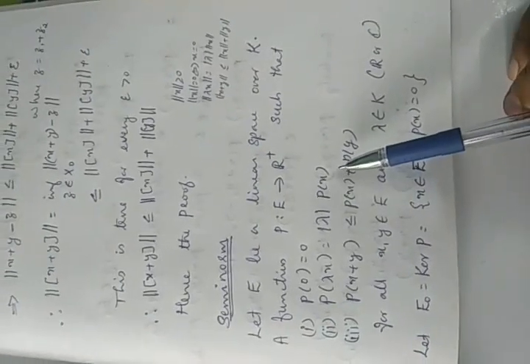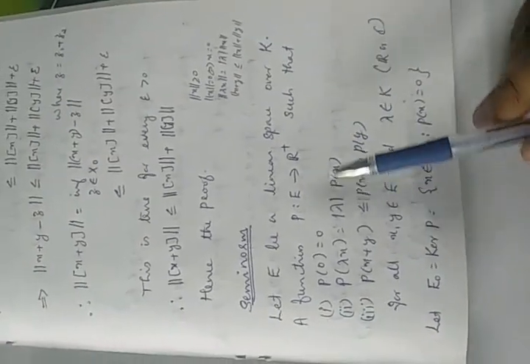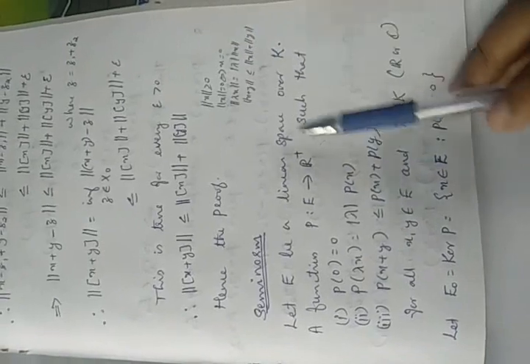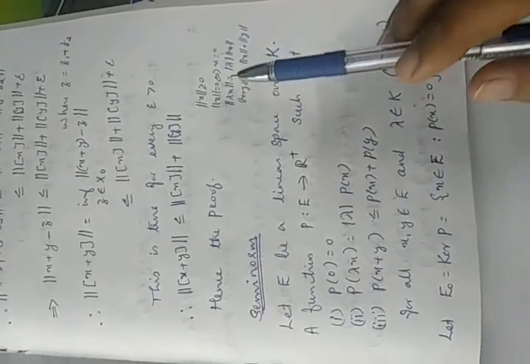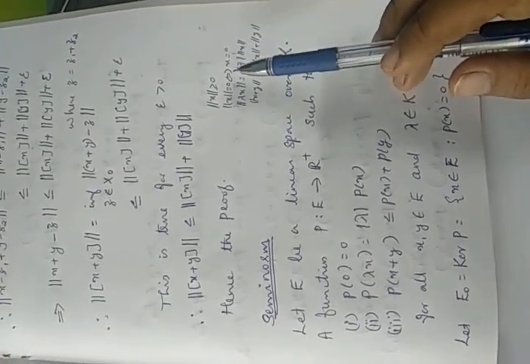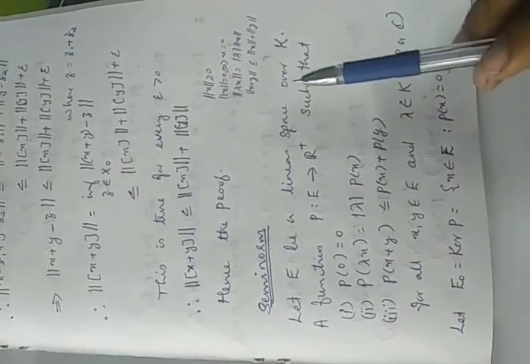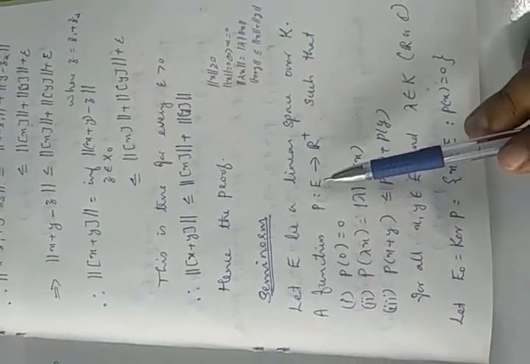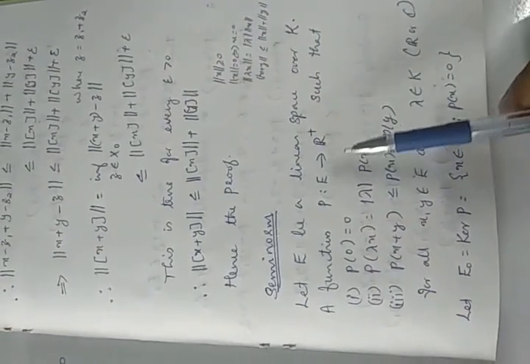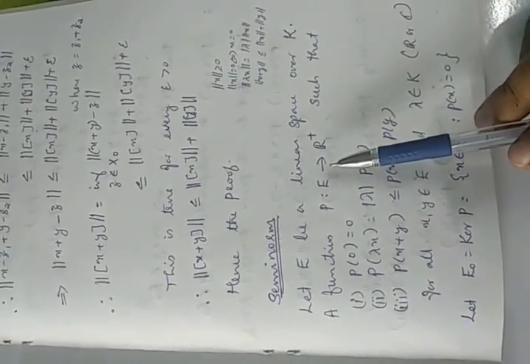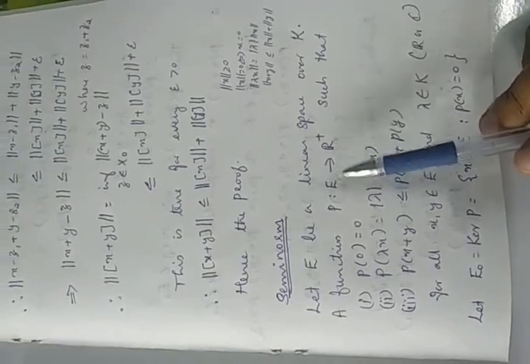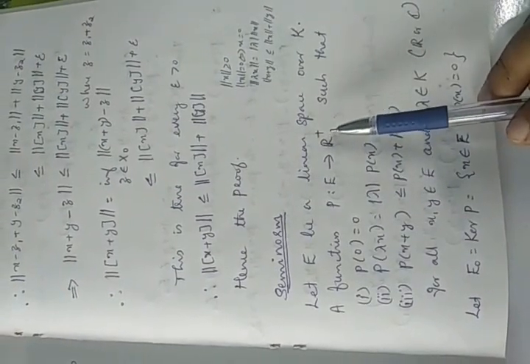The only condition that P does not satisfy, comparing with the function norm, is that norm x equal to 0 implies that x equal to 0. That is, here P is a function such that it can take non-zero vectors of E into the 0 element of R.